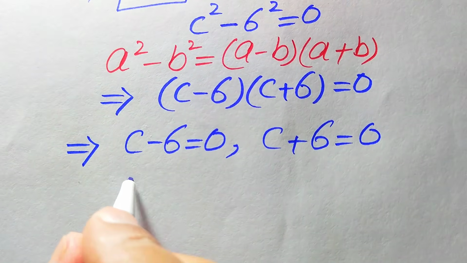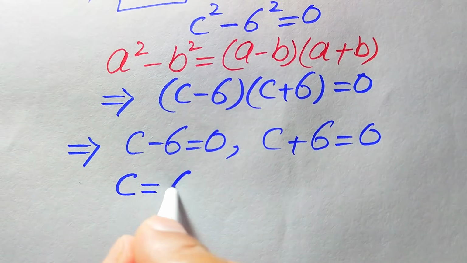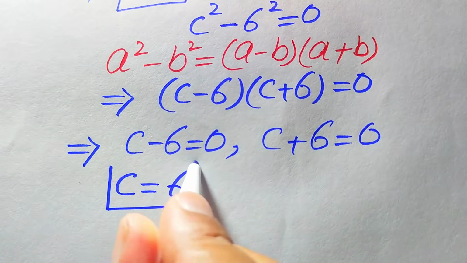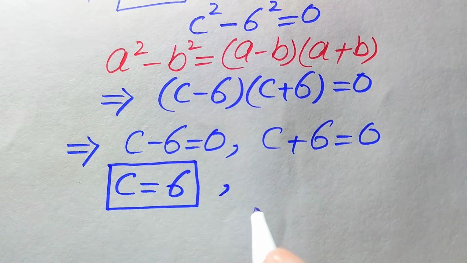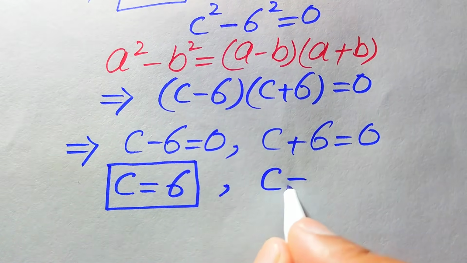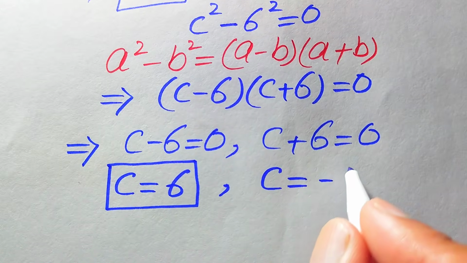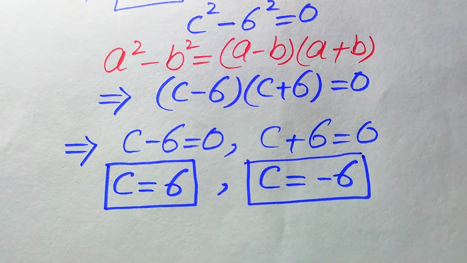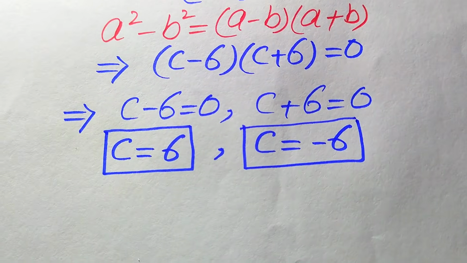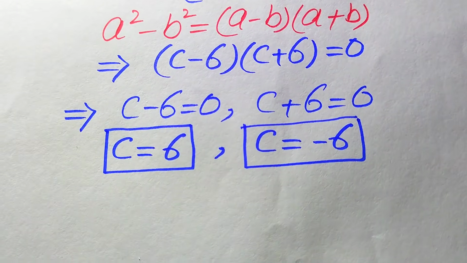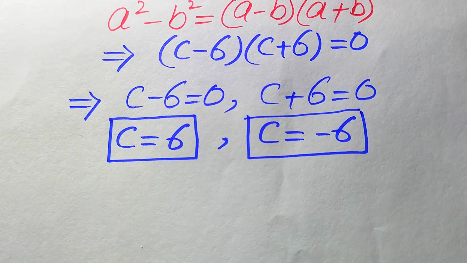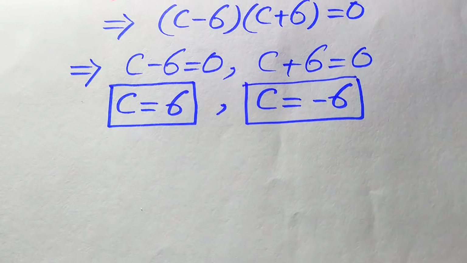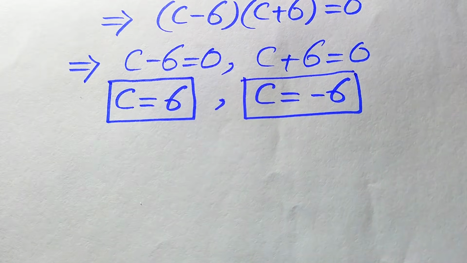So from here we move the term minus 6 to the right hand side, and we get the value of c is equal to plus 6. This is the next root of the given equation, and from here we move the term plus 6 to the right hand side, and we get the value of c is equal to minus 6. Now in the next step we need to verify whether these three values of c satisfy our given question statement or not.